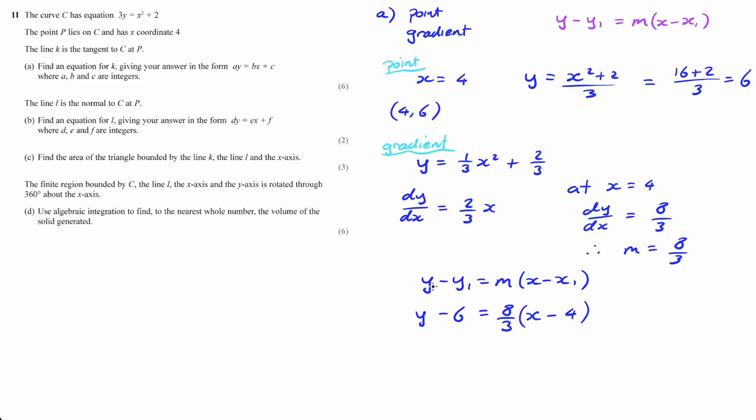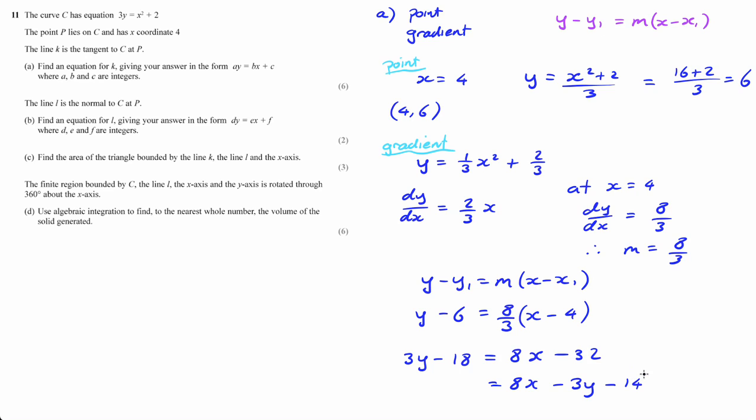So fine. I'm going to, first step, multiply by 3, guys. So I have 3y minus 18 equals 8. Well, I'll just multiply this out in one go, guys, if you're okay with that. 8x minus 32. The 3 is gone because I multiplied across, and then I multiplied out the bracket. And then finally, I can get 8x, leave this on the right, minus 3y, and then minus 32 plus 18 to this side is minus 14.